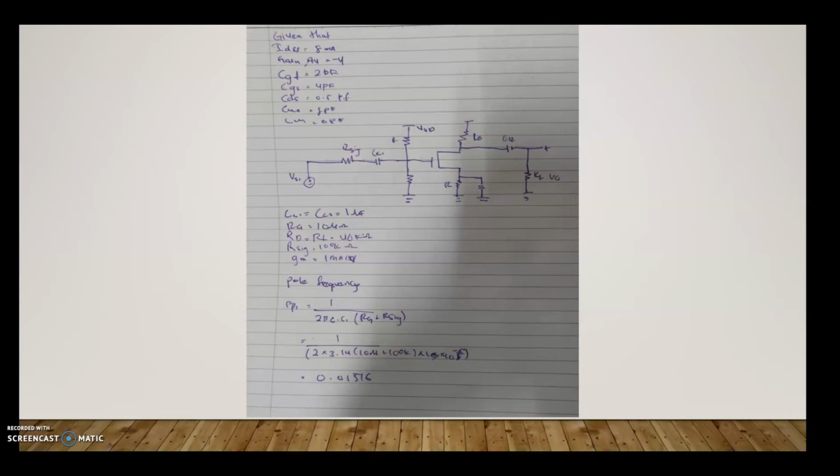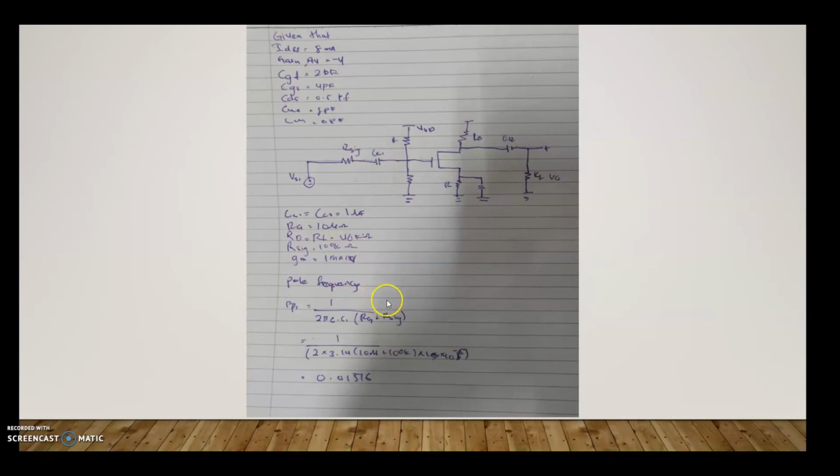So you need to transform the circuit into this form first, and then we determine the RSIG. This is from the calculation from question A that my friend did before.